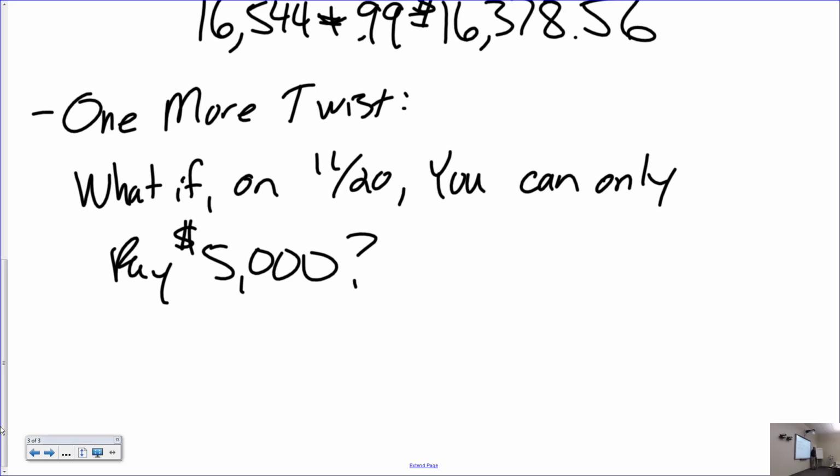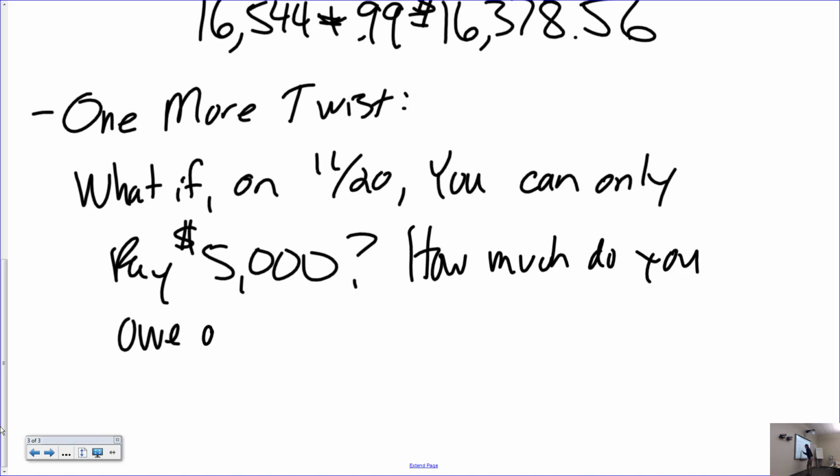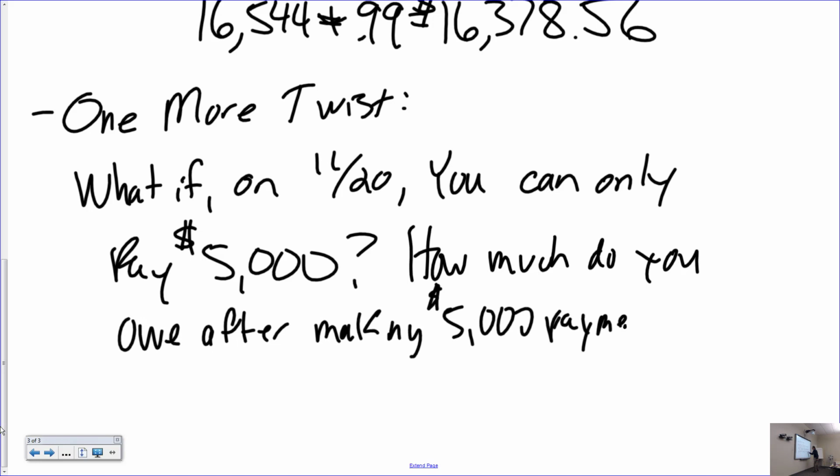Period. The question is, though, when you pay that $5,000 on November 20th, how much do you owe after making a $5,000 payment on 11/20?